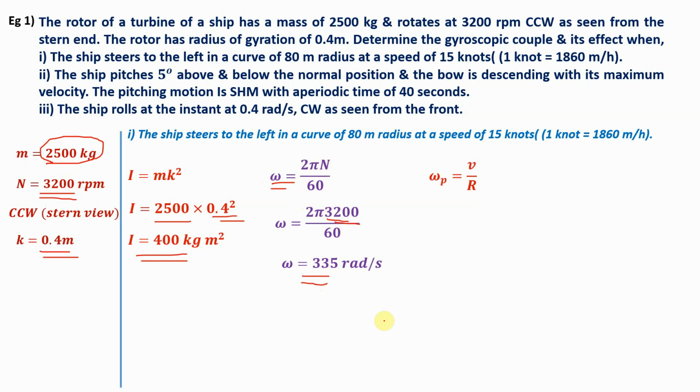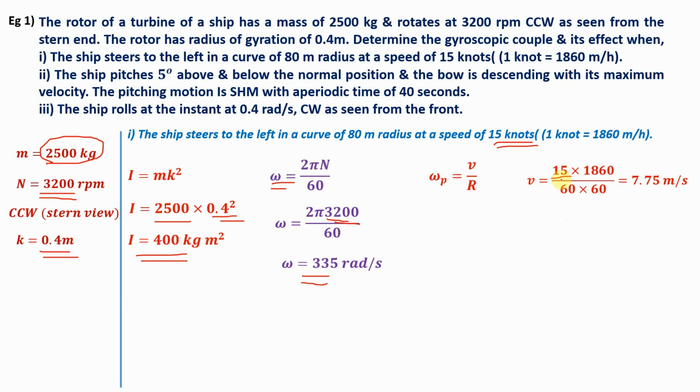We will find out the precession angular velocity, velocity with which the ship is steering to the left in a curve of 80 meter radius at a speed of 15 knots. So omega p is equals to v by r. So let us convert this linear speed v into meter per second.